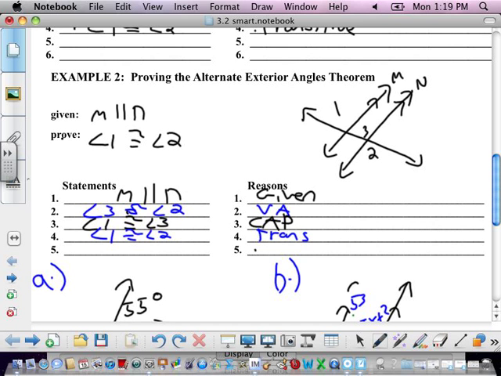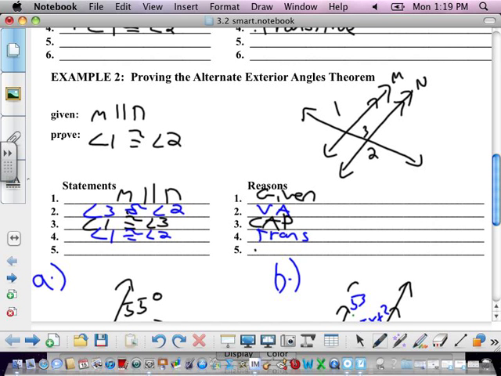What if I switch 3 and 4? No. Do you see why 4 has to come last? Because you have to have 3 is congruent to 2 and 1 is congruent to 3 to use transitive. But it doesn't matter if vertical angles comes before corresponding angles because they don't affect each other.